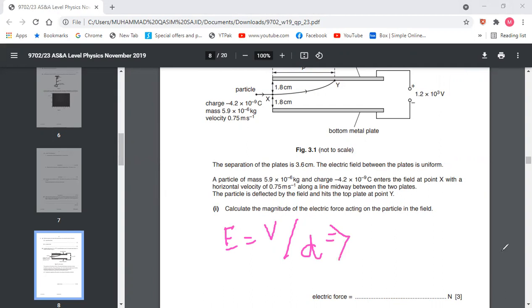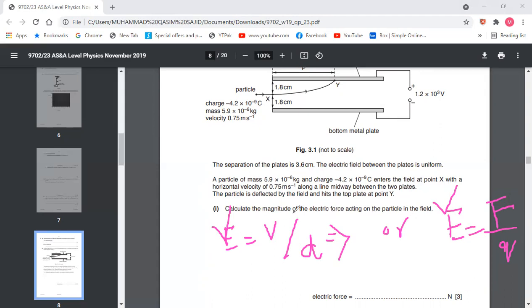And the second is E equals F upon Q, force upon charge. These are the two primary formulas when there's an electric field. You have to remember them, because these two formulas are used in almost every numerical. So you have to choose.